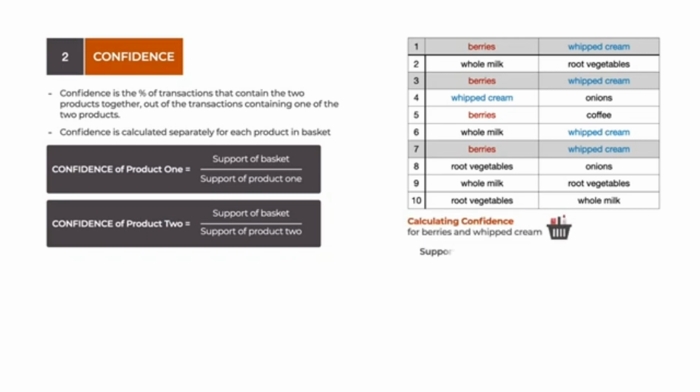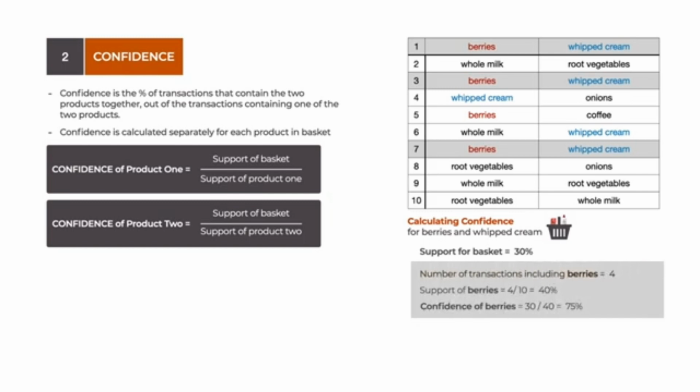So we already know that the support for the basket of berries and whipped cream is 30%. Now let's calculate support of berries using the formula we learned on the last slide. So number of transactions containing berries is 4. Total number of transactions is 10. So the support of berries is 4 divided by 10, or 40%. So 40% of the total transactions contain berries.